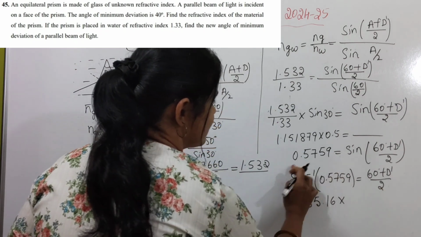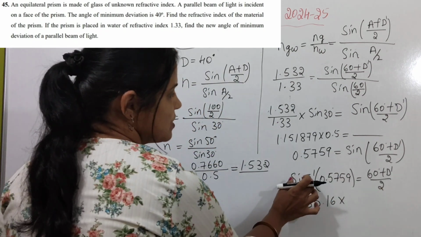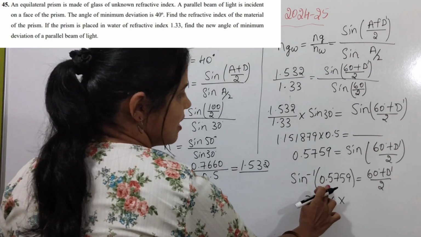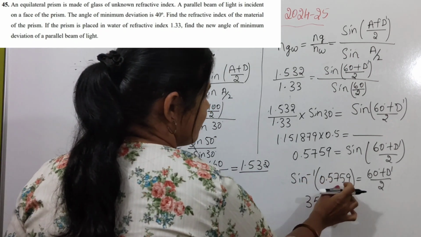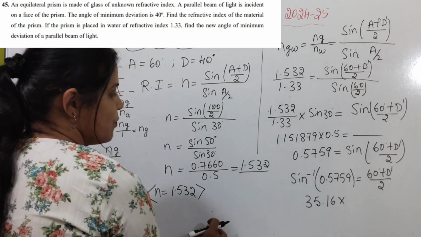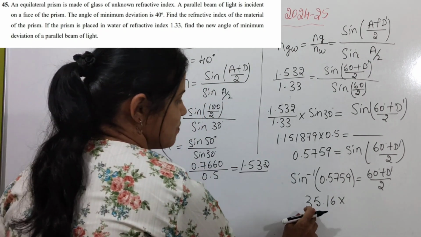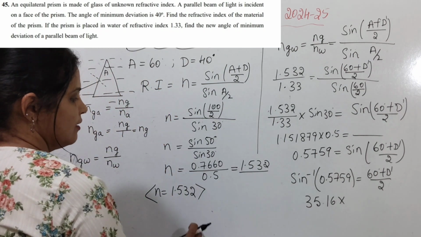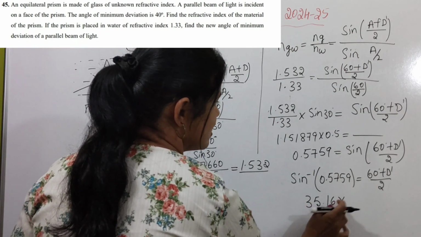Now after calculating the sine inverse, how to check that in the table? You go through the sine table, in that you check this number 0.5759. So you'll get 5759 in the table. Then corresponding angles in degree and minute, or you can write in degree. Corresponding row and column, adding, you'll get this number 35.16.